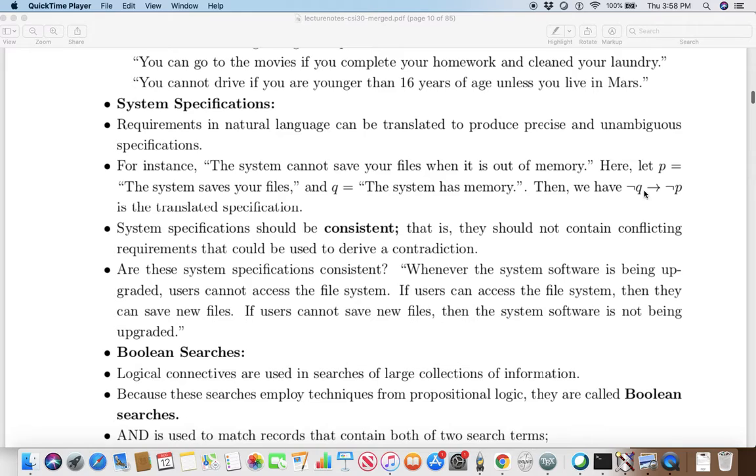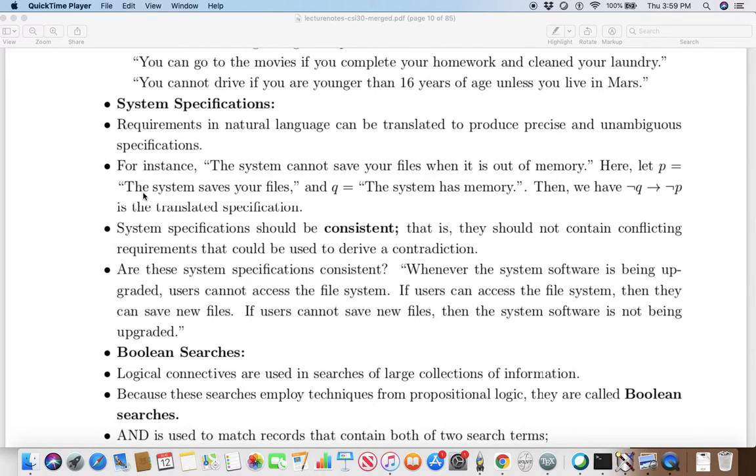System specifications. Requirements in natural language can be translated to produce precise and unambiguous specifications. For instance, the system cannot save your files when it is out of memory. So this is your sentence. Let P be the system saves your files.